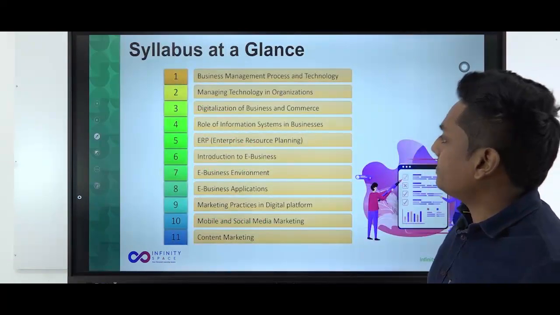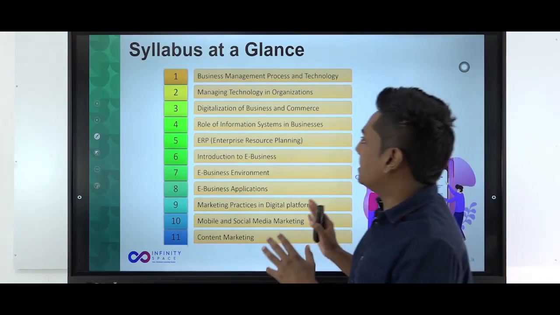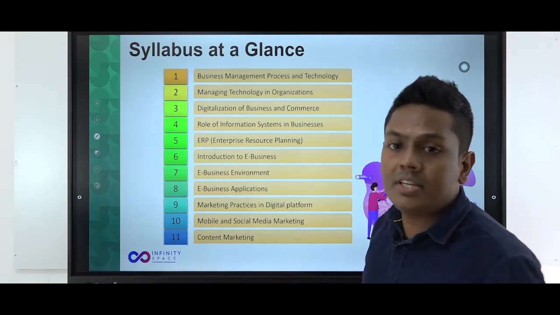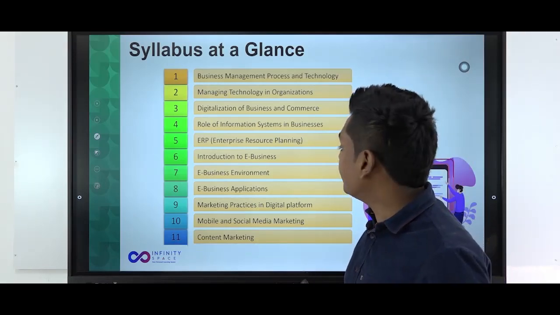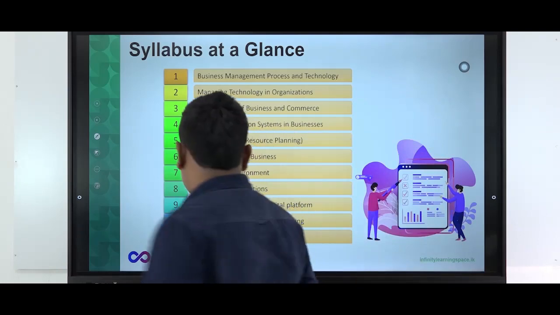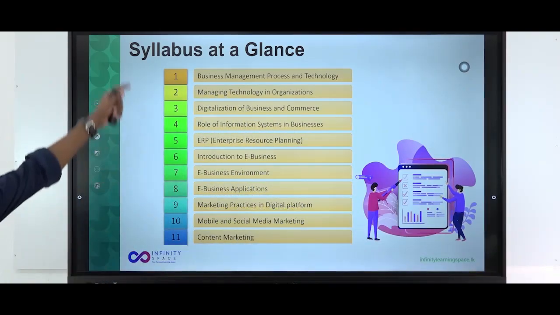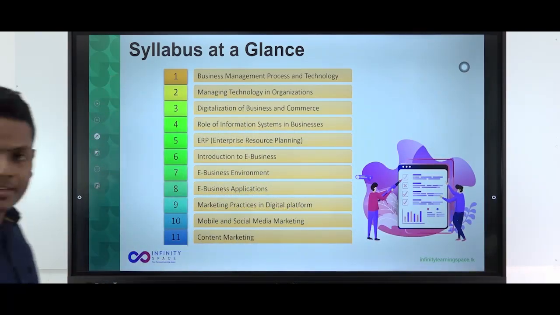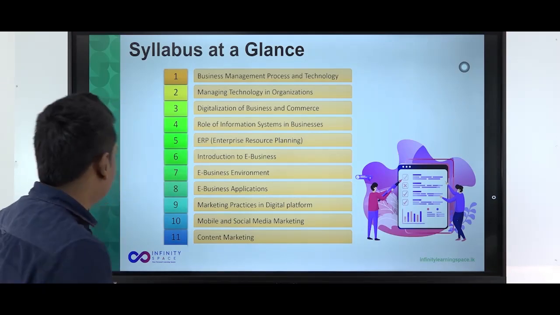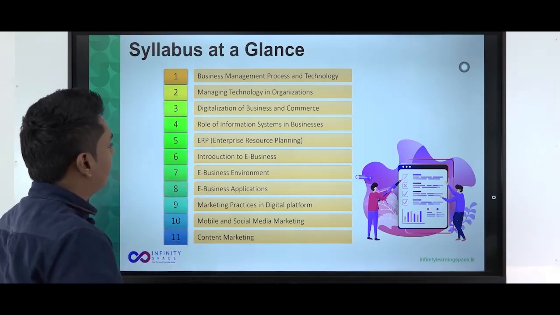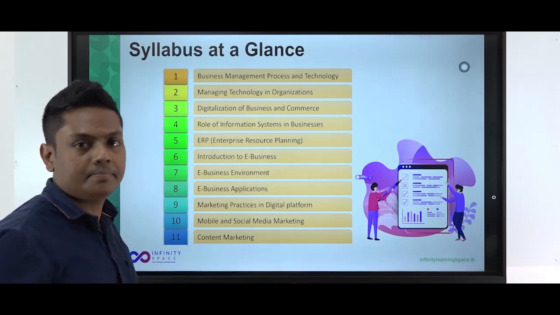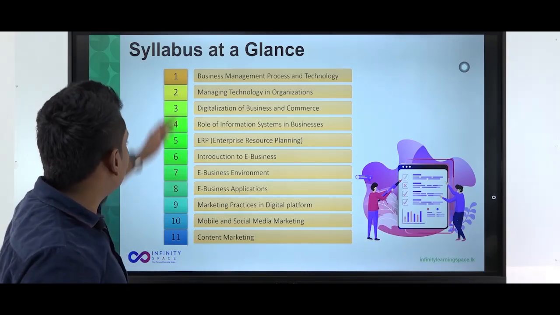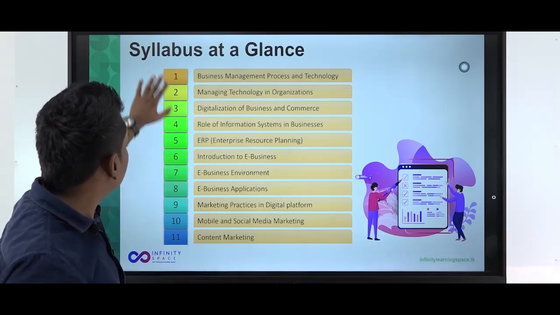So now let's look into the syllabus at a glance. What are we going to cover in this syllabus? As you can see here, how many chapters? There are only 11 chapters, right? If you look into these 11 chapters, easy. And within these 11 chapters, there are certain areas that are covered.